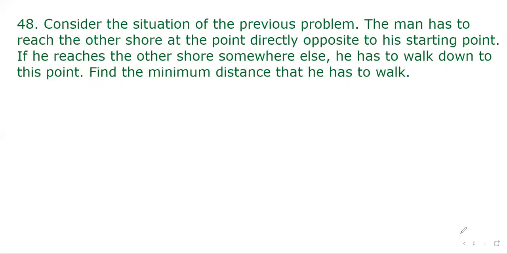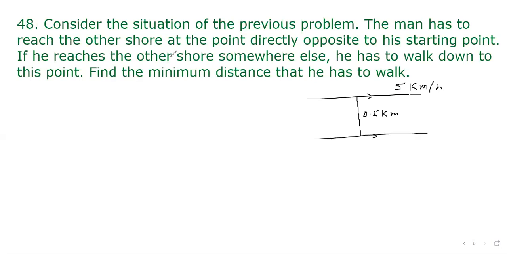Now, next question. Consider the situation of the previous problem. The problem is the same as mentioned already. So here, this speed is given as 5 kilometers per hour and the river is 0.5 kilometer.